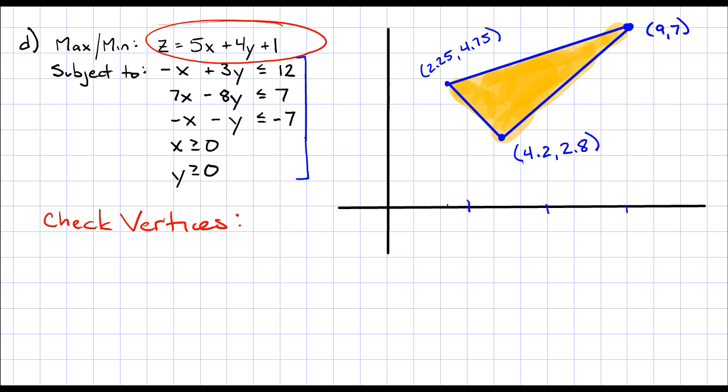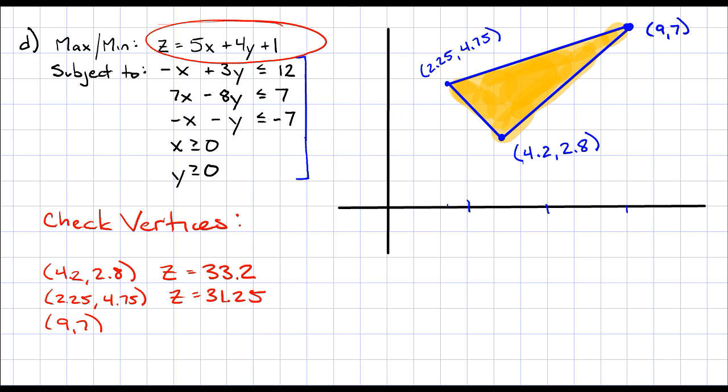If I plug in 4.2, 2.8, I'm going to end up with z equals 33.2. If I plug in 2 1/4, 4.75, I end up with z equals 31.25. And then if I plug in the point 9, 7, I end up with z equals 74.